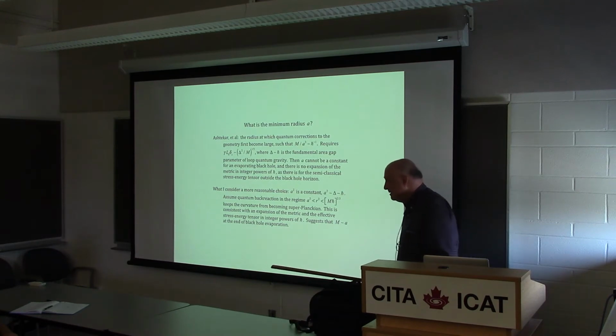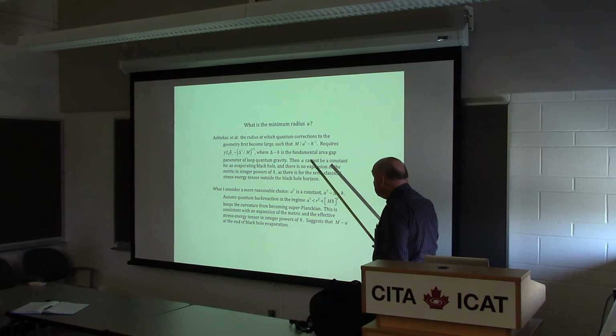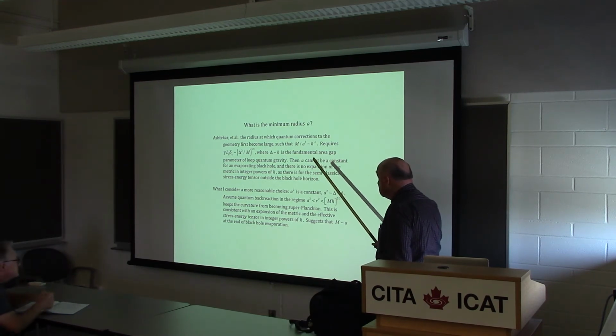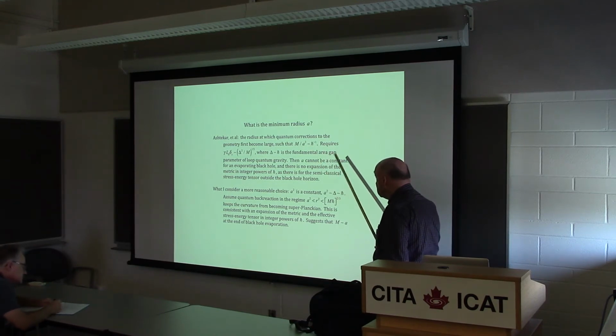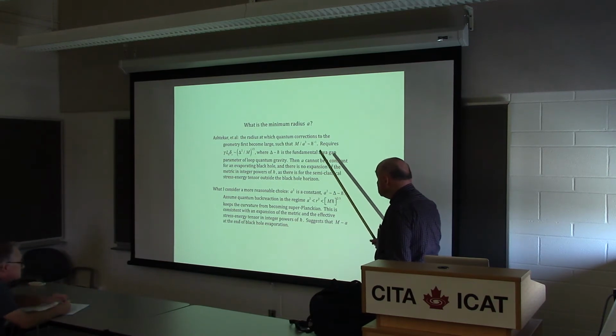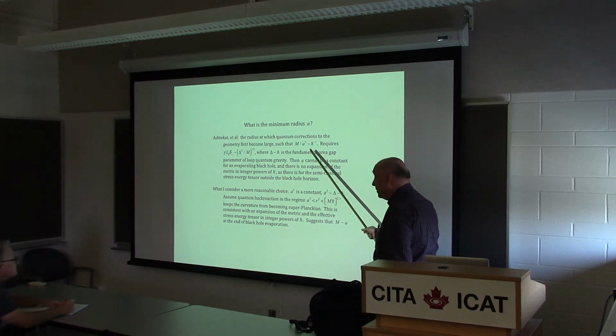In that Ashtekar et al. paper, and other people who have looked at this make the same assumption, they want to choose those loop gravity parameters so that the minimum a is just when the curvature, which goes as m over a cubed, is of order 1 over h bar.